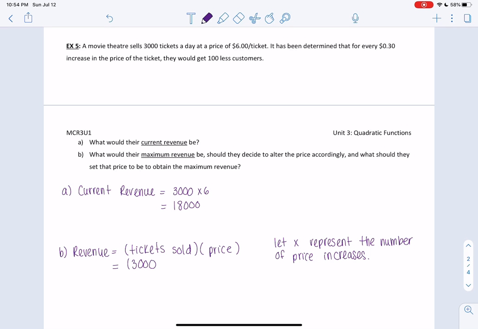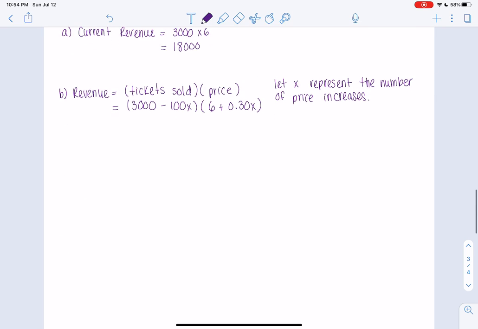So if I go back to my equation, I start with 3,000, but I lose 100 every time I increase that price. Now, if I look at my price, I started at $6, and then each time I'm increasing by 30 cents, like this. Now, we need to find the maximum of this equation.